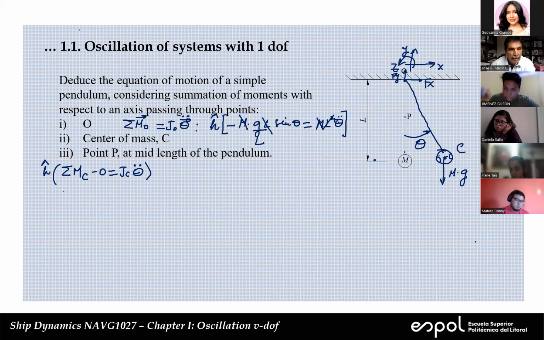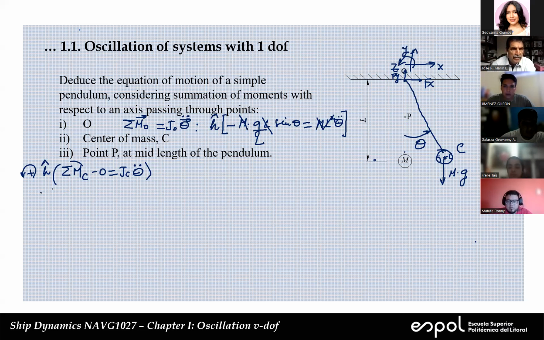So we can say the moment, this is the positive direction. Does Fx produce a positive or negative moment? Somebody? Mr. Galarza? Fx, negative. Negative, doctor.